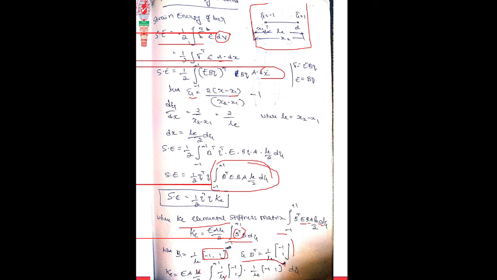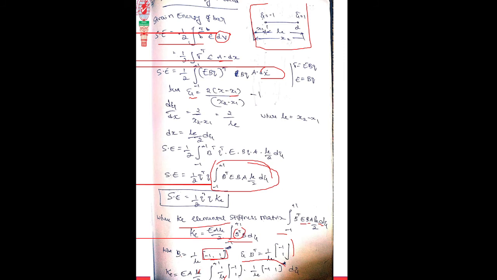What is the remaining term in the integral, that is called Ke, known as the stiffness matrix. So that stiffness matrix I'm going to consider here, and I need to find the values of B^T and B. We know already the strain displacement matrix for a 1D bar element is 1 by Le [-1 1]. B to the power of T is nothing but the transpose matrix. Therefore I'm going to convert this into a column matrix and substitute back in the Ke equation. Again multiplying these two matrices, you get [1 -1; -1 1], and Le gets cancelled.